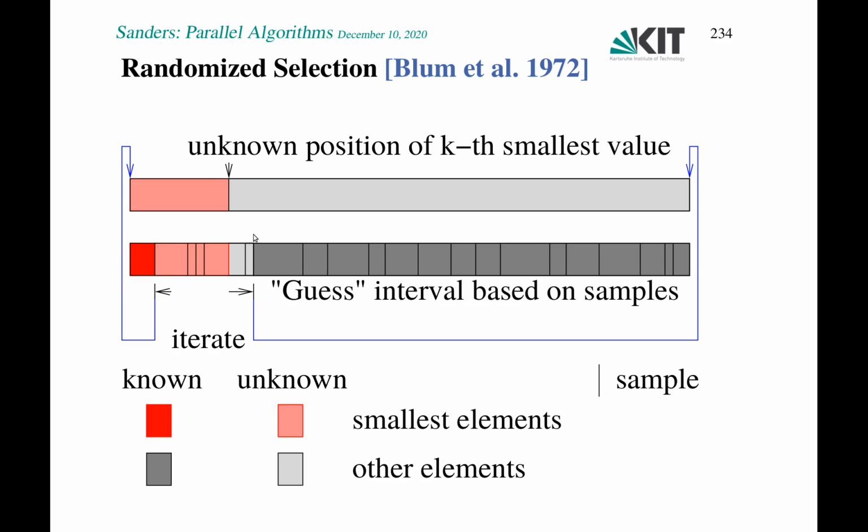The elements larger than U will certainly not be part of what I want, and then the ones in between. And the idea now is that I only have to recurse on the elements in between. And the number of these will shrink very quickly. And that's what saves me basically a logarithmic factor in the running time of this algorithm.